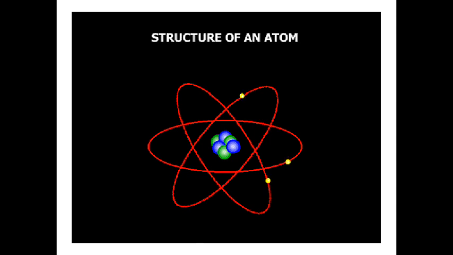So where is the attraction? The attraction is between the proton and the electron. So electrons in the inner orbit are strongly attracted by protons and cannot be removed from the atom. Proton and electron are attracted, so they cannot be separated easily.